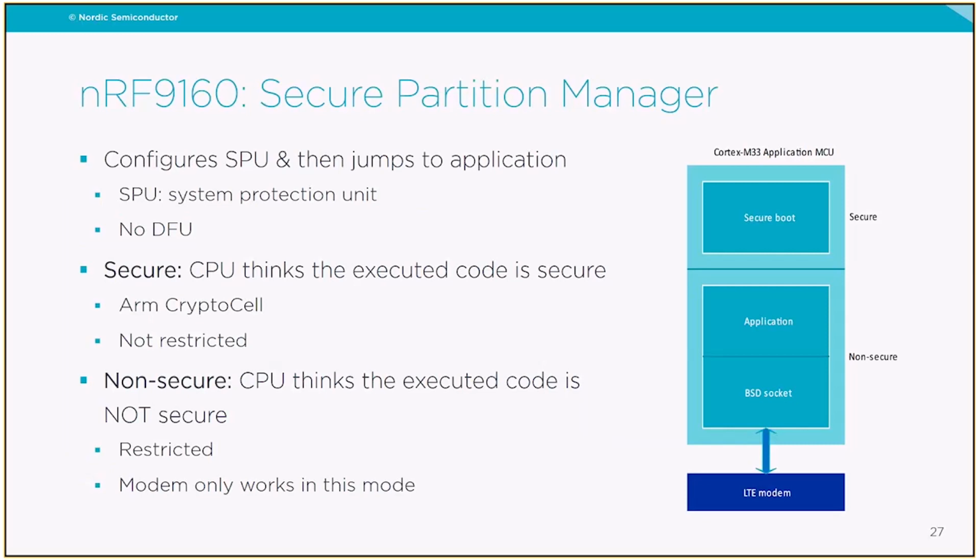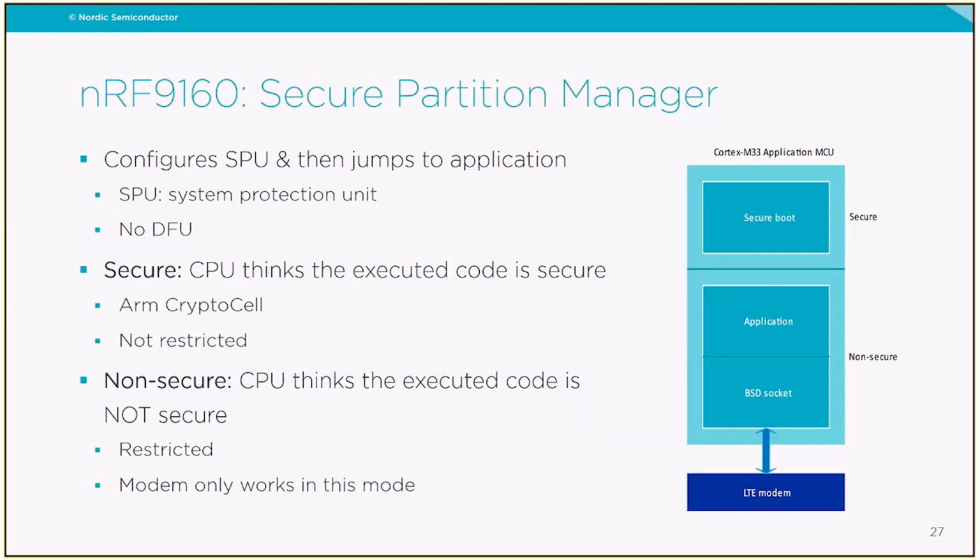So the top rectangle is the application processor, and the bottom rectangle, the dark blue rectangle, is the modem processor. So basically what you're doing, you're configuring the system protection unit, and then you're jumping to the application. That's what the Secure Partition Manager example does.